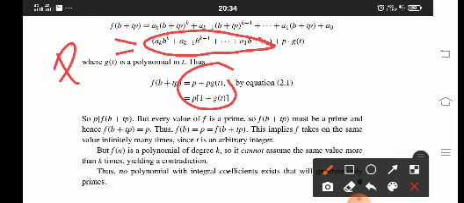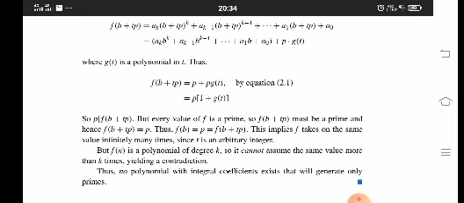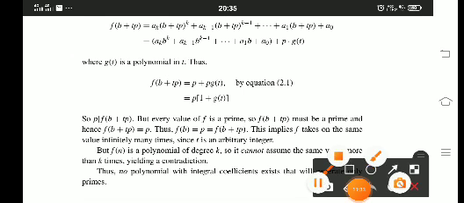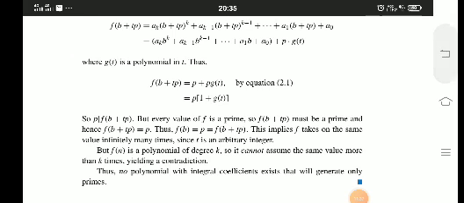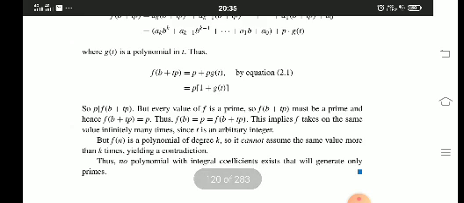Already we say this is p, and p plus p g(t). Choosing p outside, the function becomes p(1 + g(t)). Therefore f(b + tp) = p(1 + g(t)), so p is divisible by f(b + tp), because it is p into 1 + g(t).